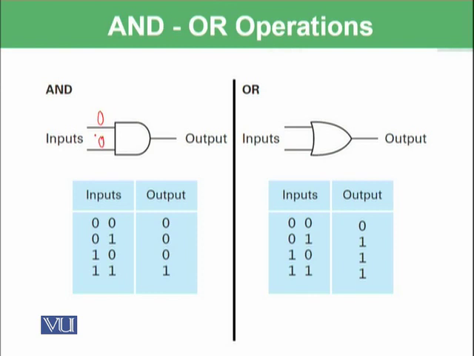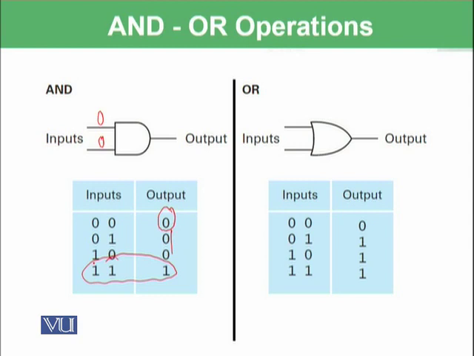If both inputs are 0, you will receive an output of 0. If either of the inputs is 0, you will receive again 0. And if both of the inputs are 1, then you will get your output as 1.